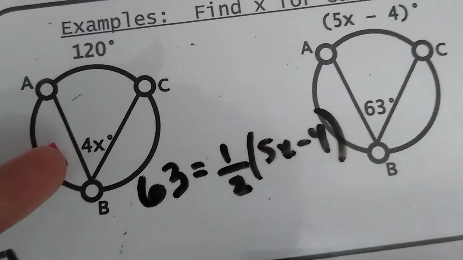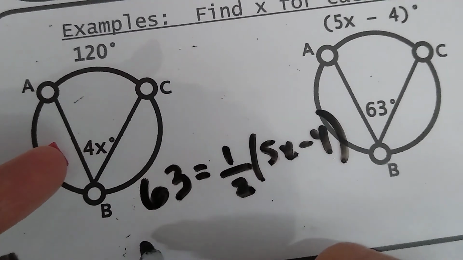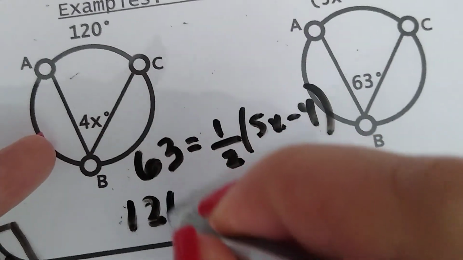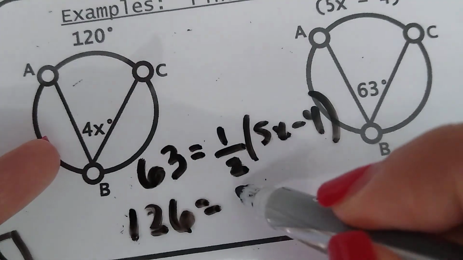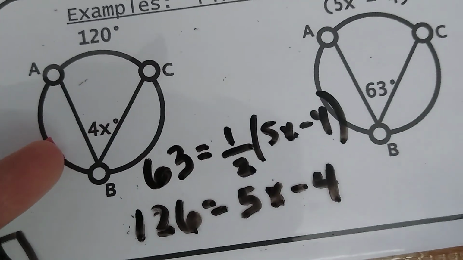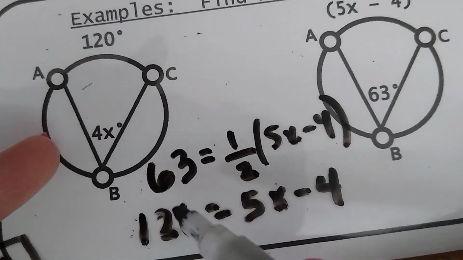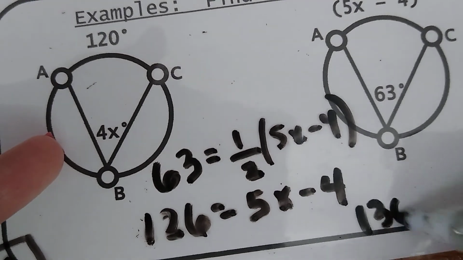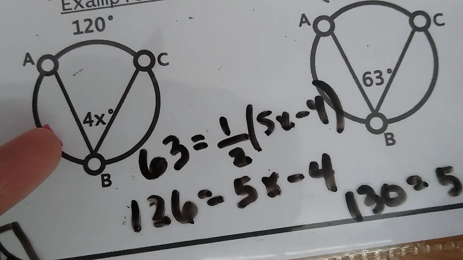Then I get 126 on this side, and 5x minus 4 on the other. I'm going to move the 4 over here, so I get 130 equals 5x.